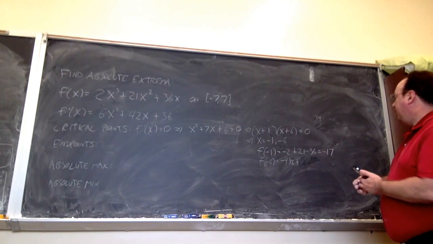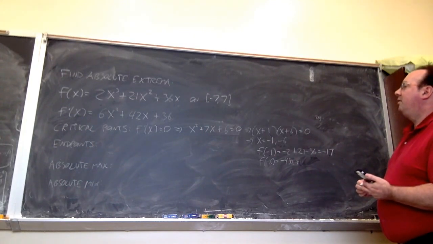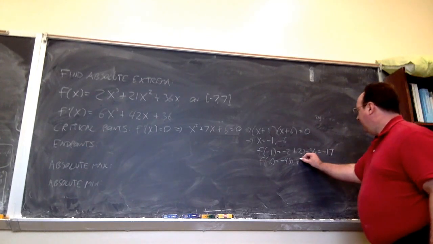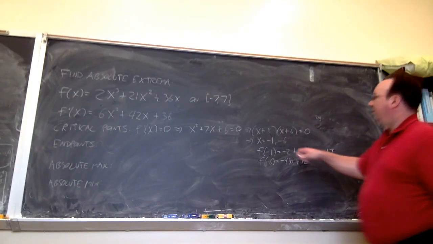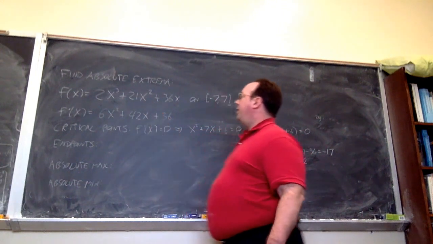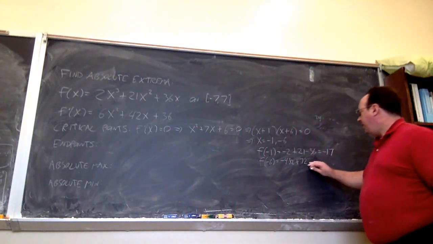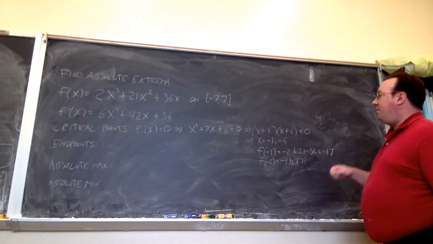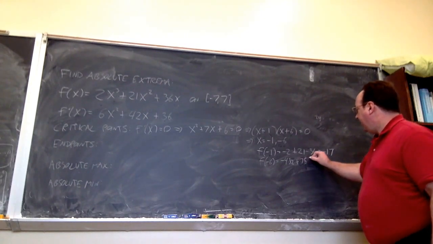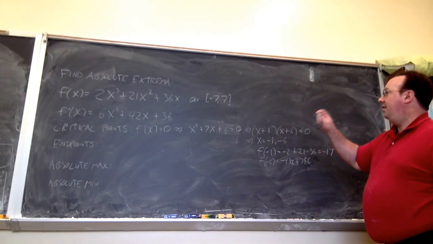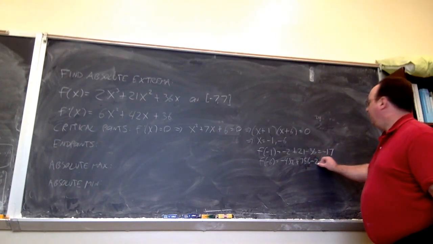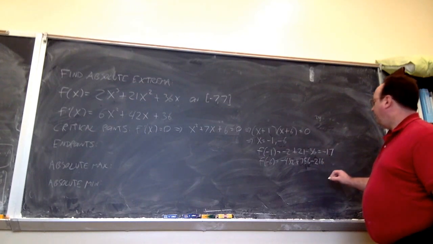Actually, no, I don't need it. It is 36 times 21. So 36 times 20 is 720, plus 36 more, 756. And then minus 36 times 6, so that's minus 216.